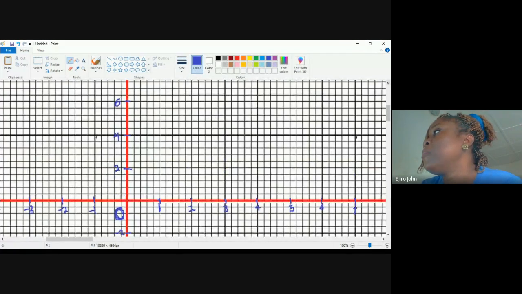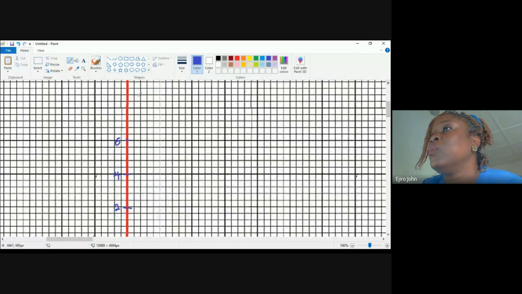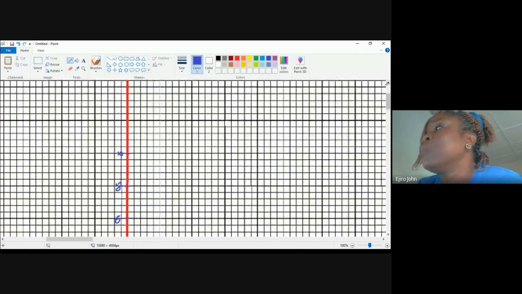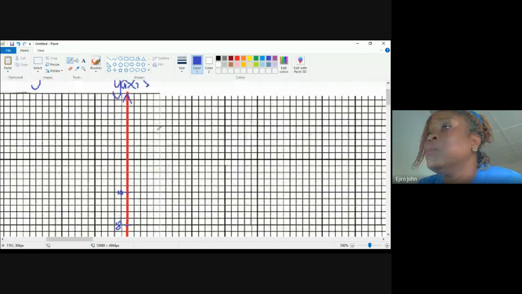So you keep on putting the units according to the scale. If I said 10 units, I would write in tens: 10, 20, 30, 40, and so on. Now that I have increased the units, I will be able to accommodate up to 12, the amount we have on the table.